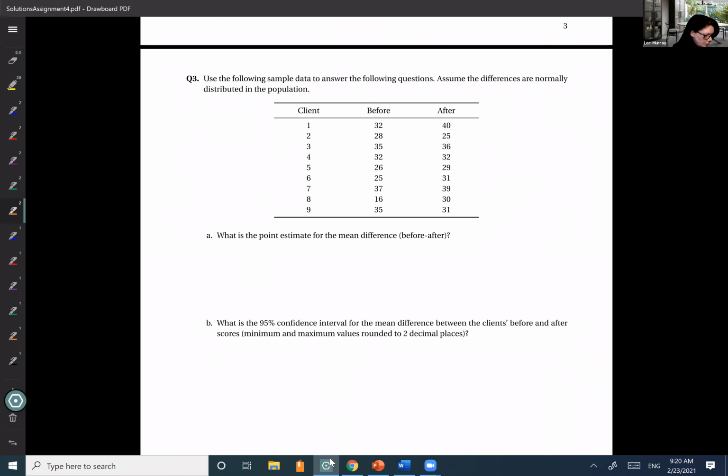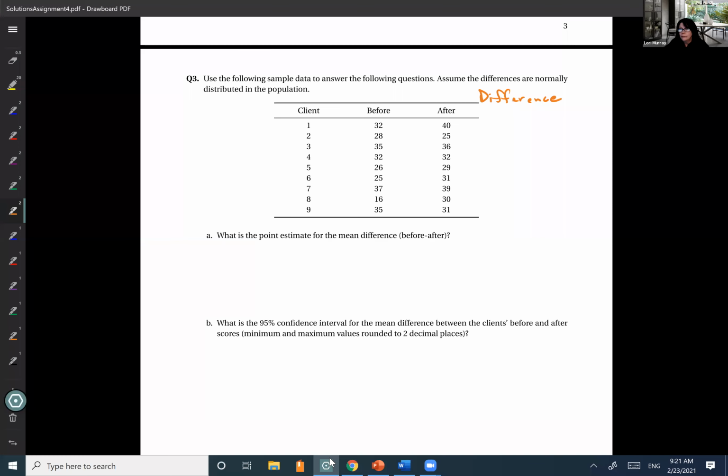I hope you were able to make a new column, because whenever you have the same people, notice we have 9 clients, it's the same people. Right away, that is an indication that you have dependence. Right? Because it's the same person before and after. They're measured before and they're measured after.